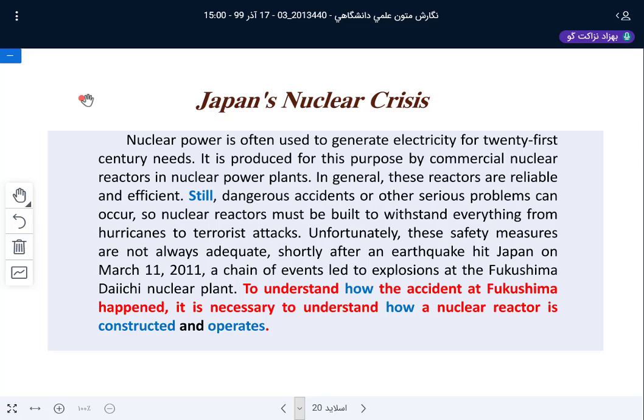So this is the thesis statement. It shows a kind of process analysis: how it works, how it operates, how the accident happened. Okay, so the nature of this essay is a process analysis essay.